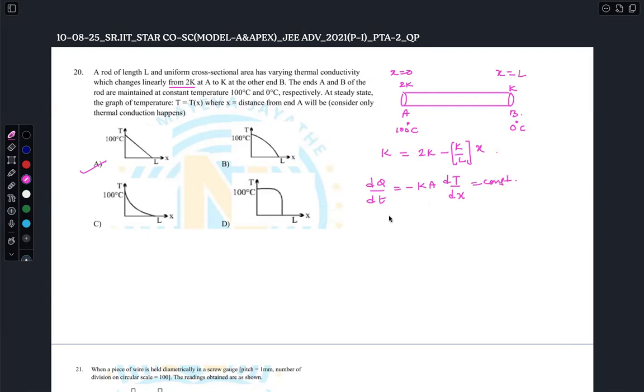So dT by dx is some constant divided by K. So dT is equal to dx by (2 minus x by L) times K, times some constant. The entire thing we will make some constant phi.